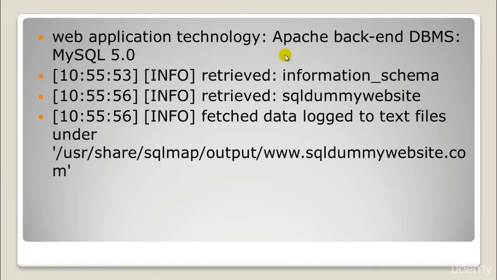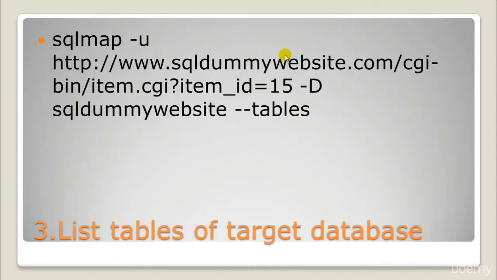We need to know how many tables this database has and what their names are. To find this information, we'll use another command: sqlmap -u http://dummywebsite.com/cgi-bin/item.cgi?15, and after that I will type -D SQL dummy website --tables.